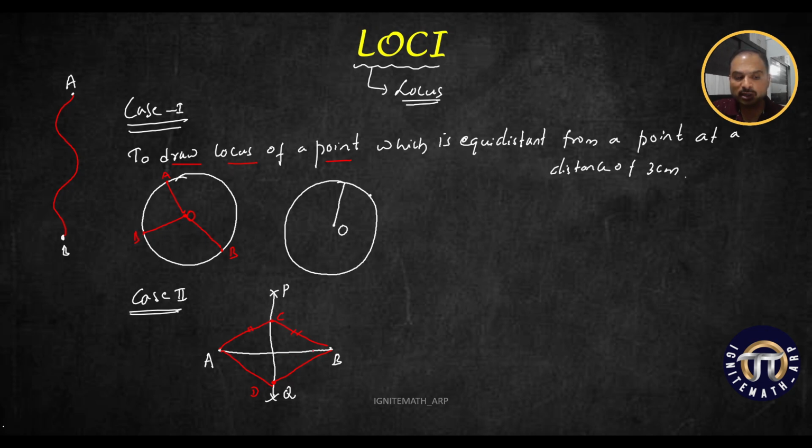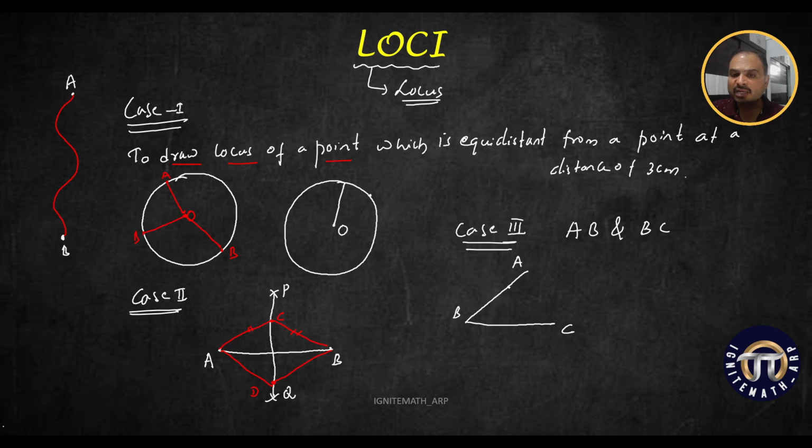Right, so next is case 3. What is case 3? I'll be giving you to draw the locus of a point which is equidistant from two line segments AB and BC.